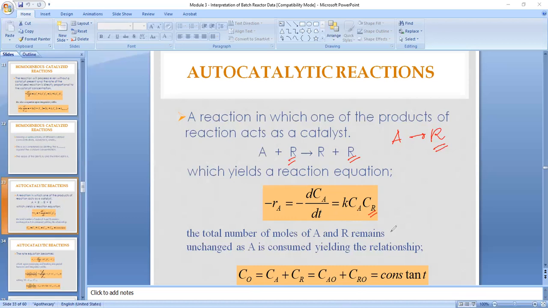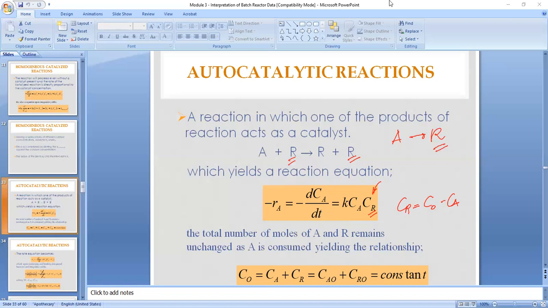You will get it from here. So from this particular equation, you will have C sub R equal to, if the sum of the initial concentrations of A and R is represented as C sub O, then that would be C sub O minus C sub A. That will replace here the C sub R.